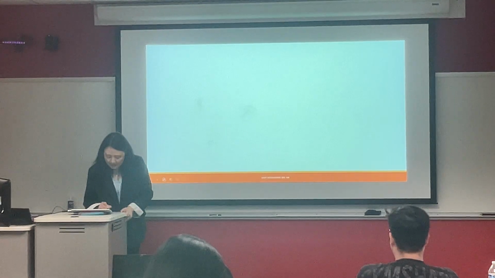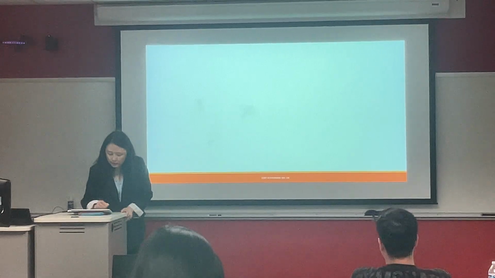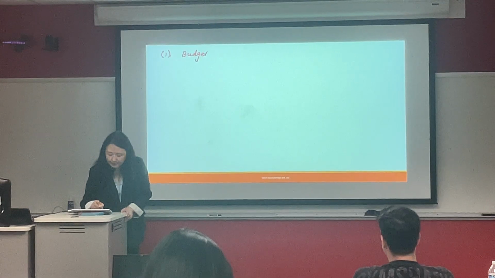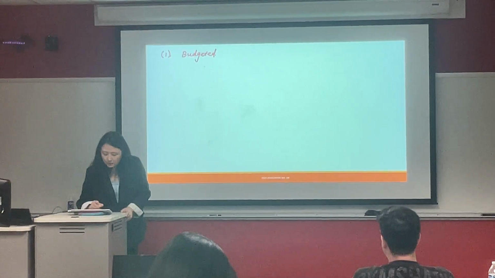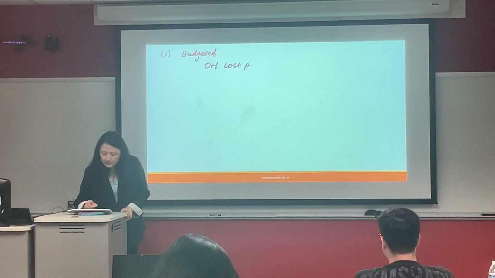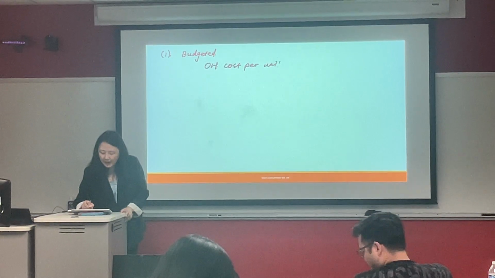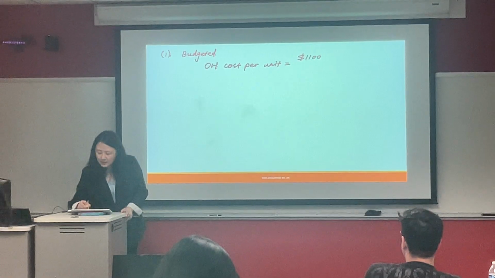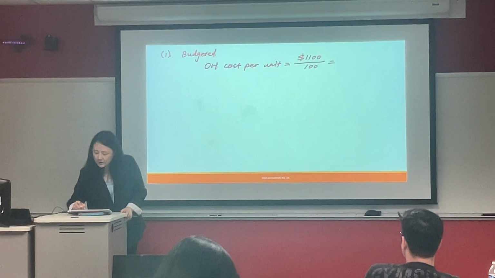So that's basically what we need to do, based on the budgeting information. I need to calculate overhead cost per unit. So the total 1100 divided by 100, that's 11 per unit.